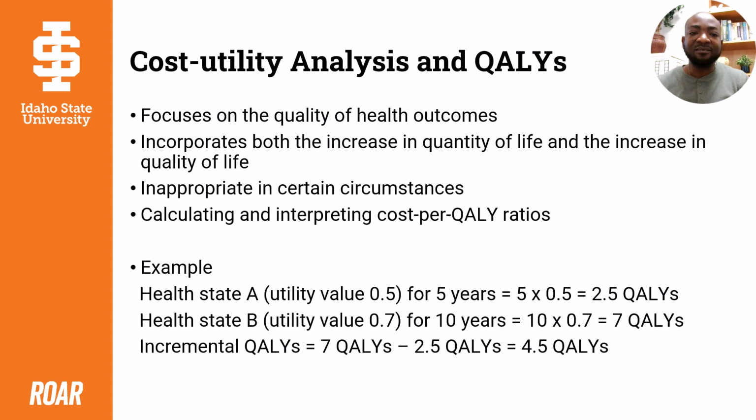And utilities are values which are assigned to health states on a scale where 0 represents the state of death and 1 represents the state of perfect health. And so utility values simply represent the strength of preferences of individuals for health states. Higher utility values reflect preferred health states.